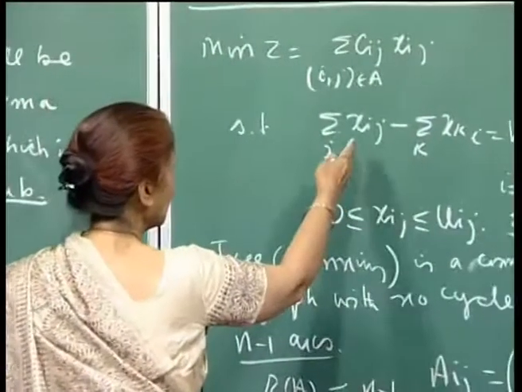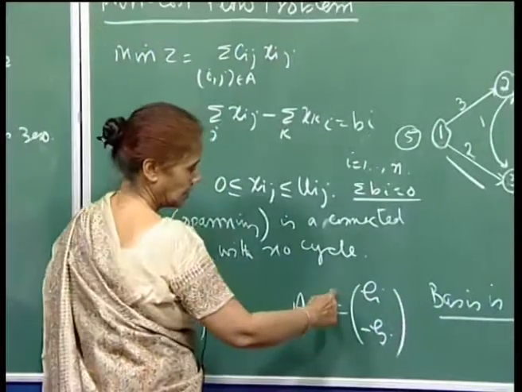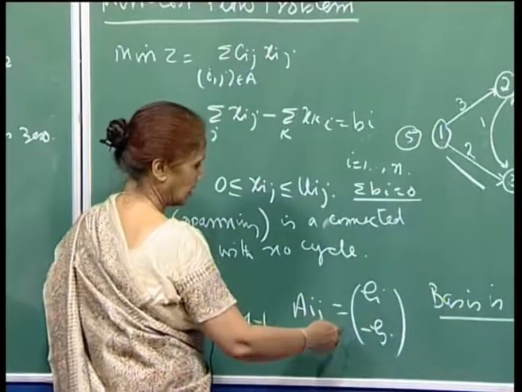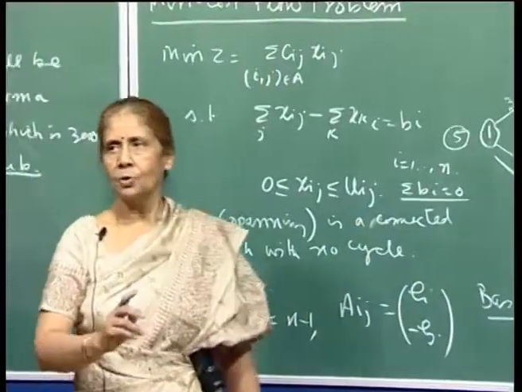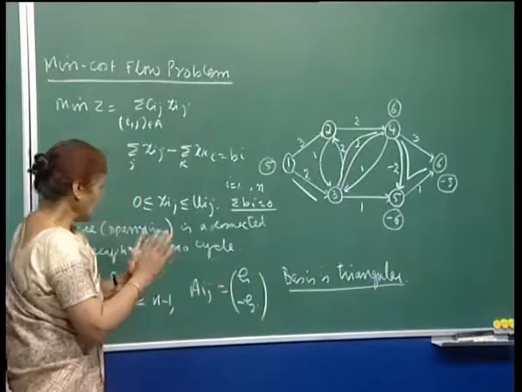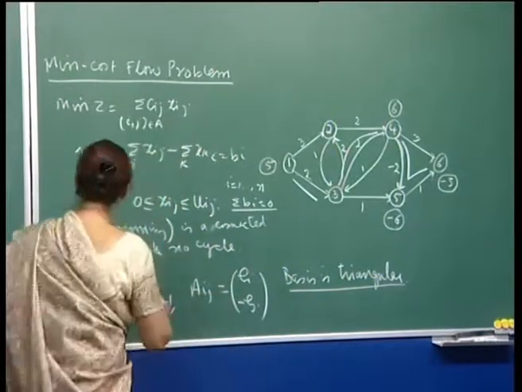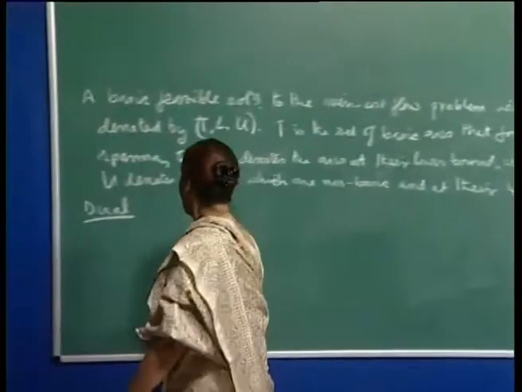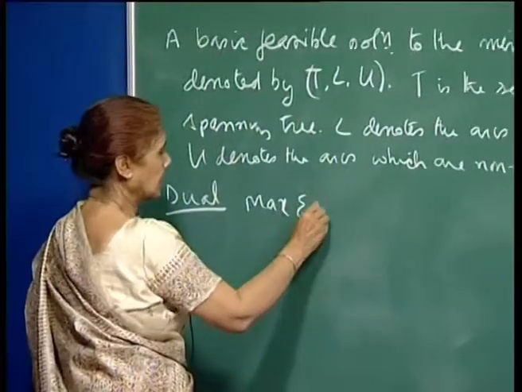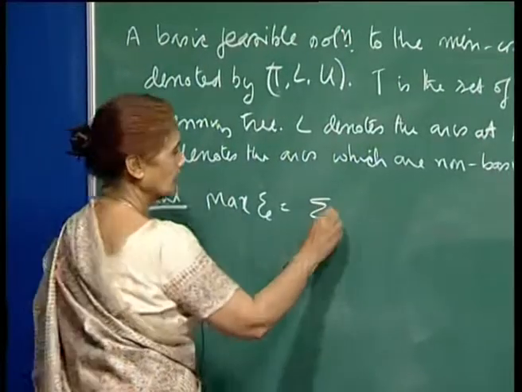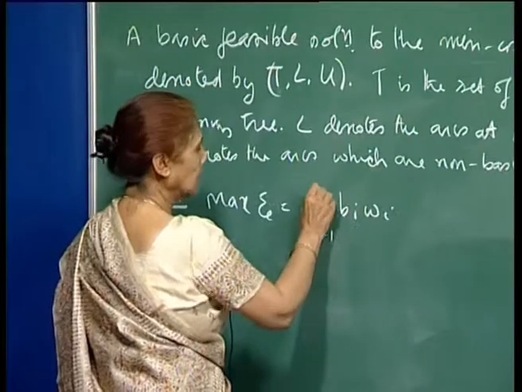So, here the dual is the same thing, because a column has ei and minus ej. So, there will be ui and vj, let us say, or in fact, here we are not having two different sets of dual variables, because your node set is not divided into two subsets. So, it will be the same set. So, let me call the dual problem we will define as: maximize psi equal to summation bi wi, i varying from 1 to n, right.